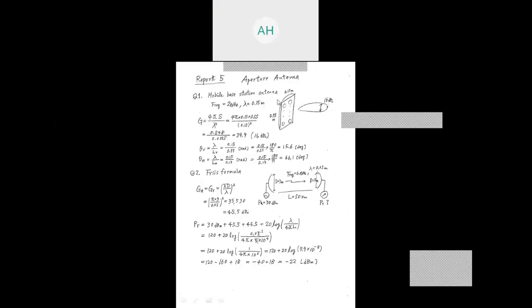For this frequency, the base station antenna size is horizontal 0.13 meter, vertical 0.55 meter. So the antenna gain in this case is calculated by 4 pi, S is this area, divided by lambda square. That is different.